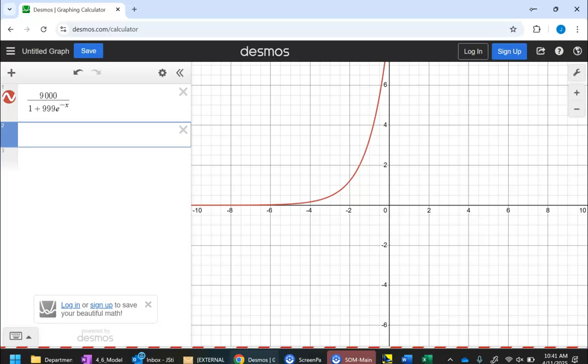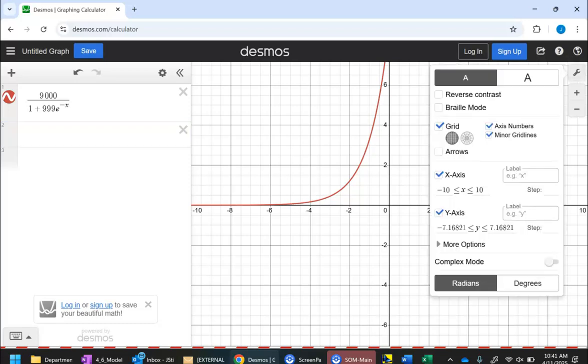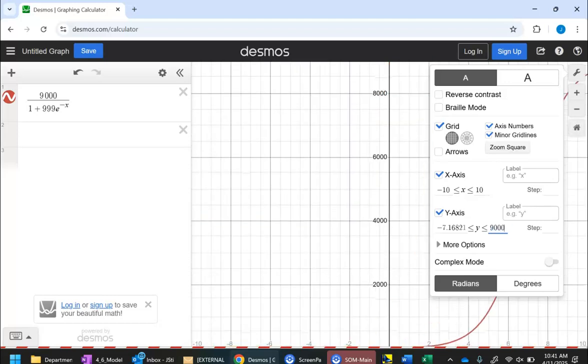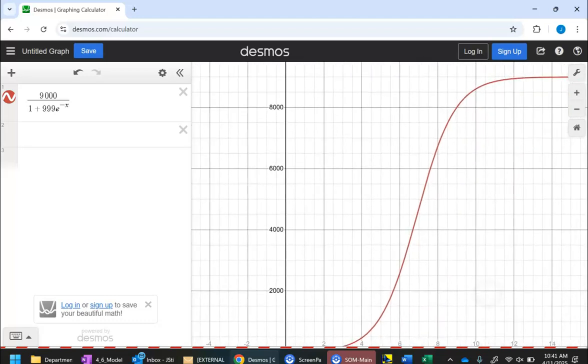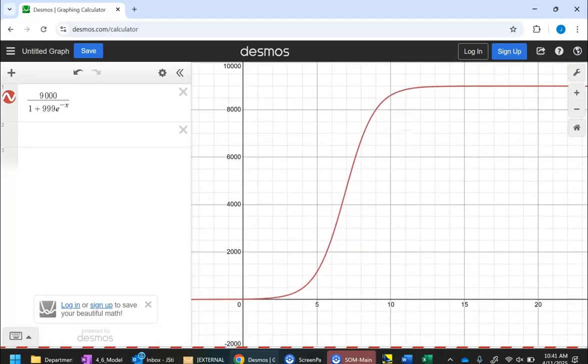Let me change my y value here to 9,000 and zoom out a little bit. Do you see it getting close to that 9,000 value as it goes out? Here's 8,000, 10,000 is up at the top. I'm halfway between. It really does get closer and closer to this, right?